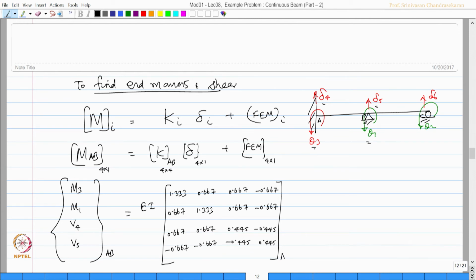This is for the beam AB, and I want to now multiply this with the displacements of AB, which will be theta 3, theta 1, delta 4 and delta 5, plus the fixed end moments of the member AB.